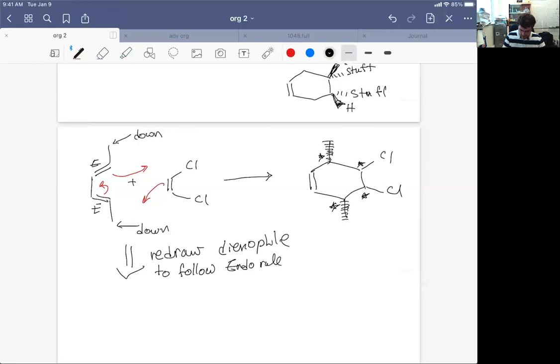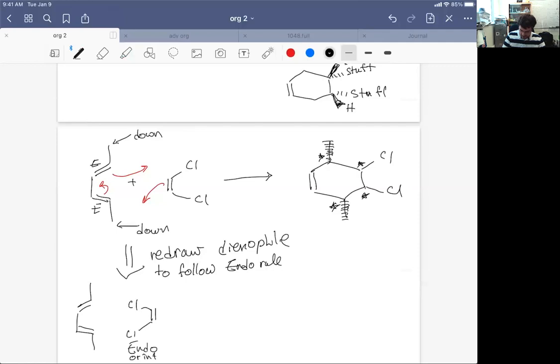When we redraw that, we get to a perspective drawing. Oh, excuse me. The perspective drawing is upcoming. We're going to put the stuff facing to the left as though it's underneath the forming ring. So this is an endo orientation.